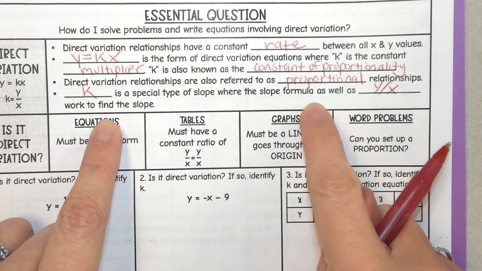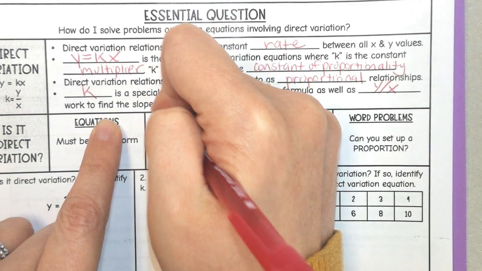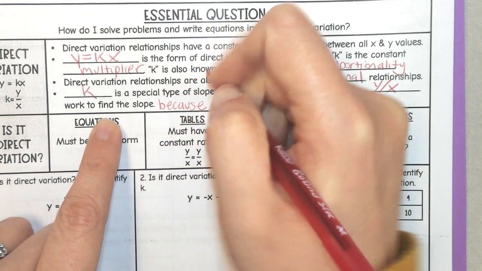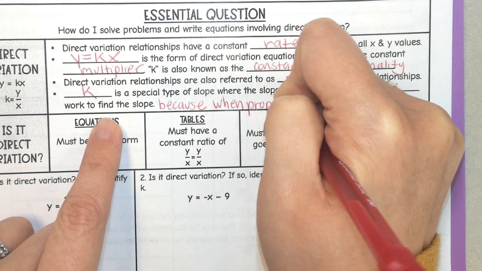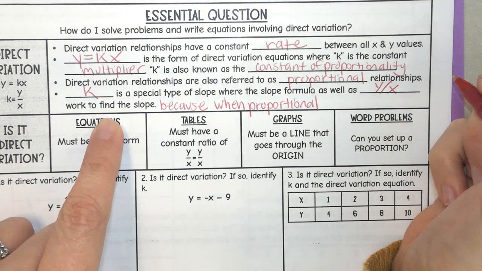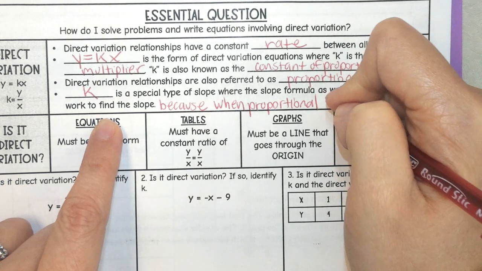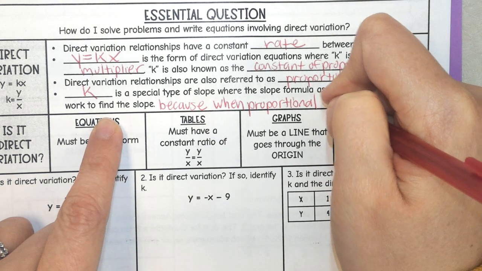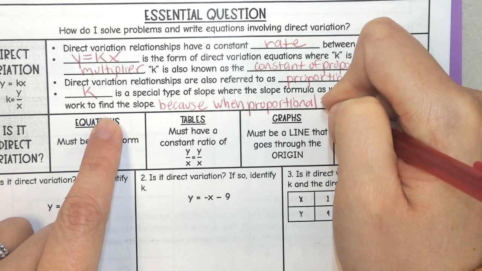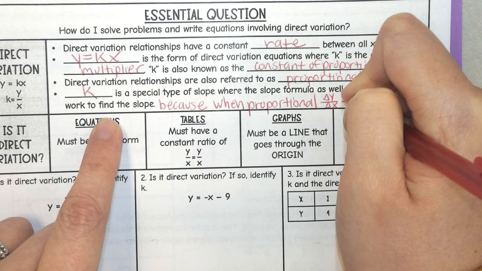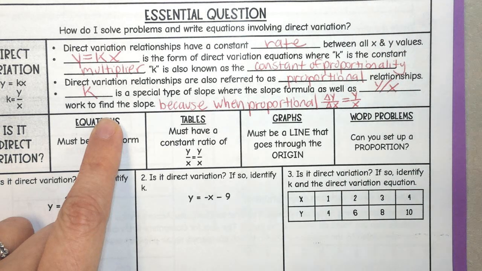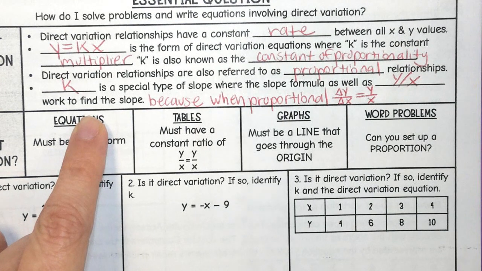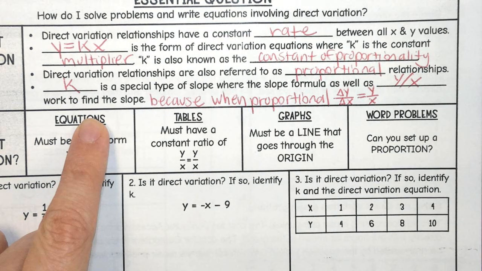And I'm going to add something in here. This is because when proportional, our change in y over change in x is equal to y over x.